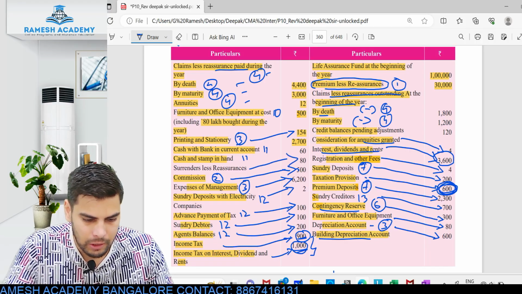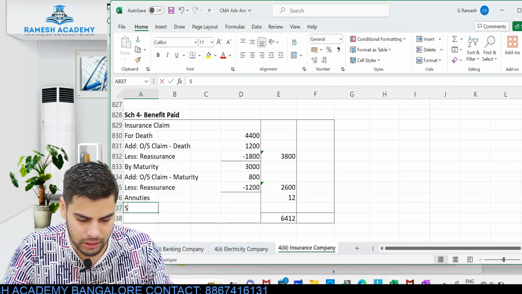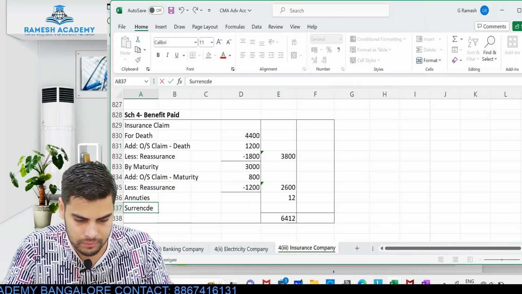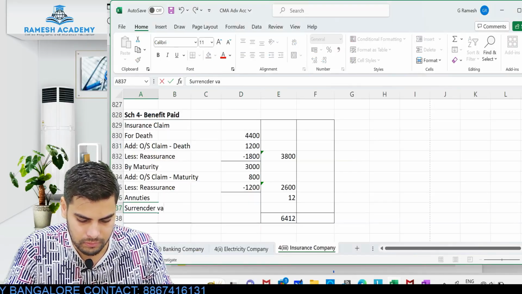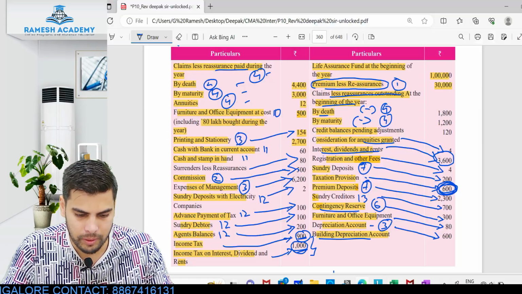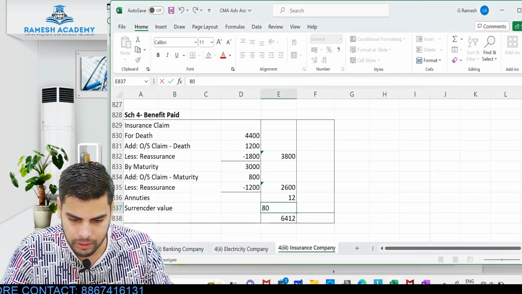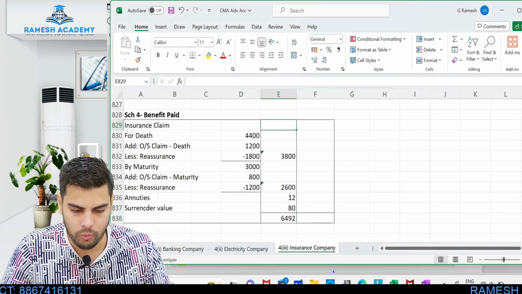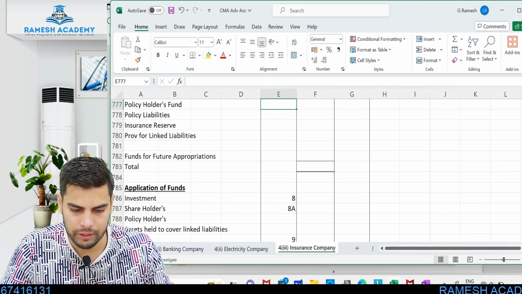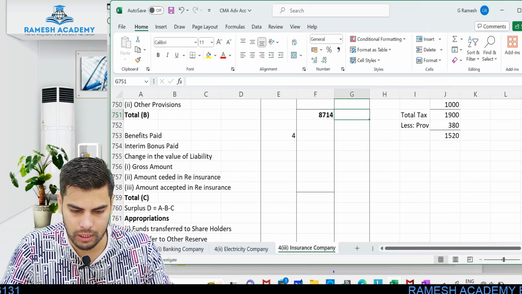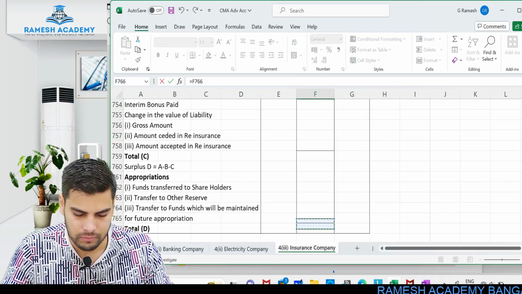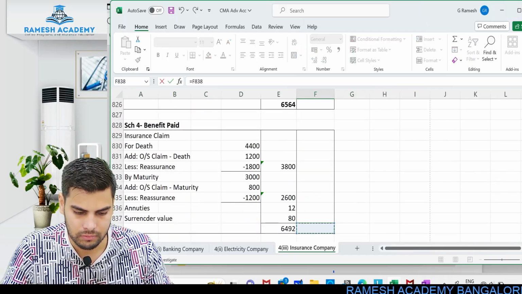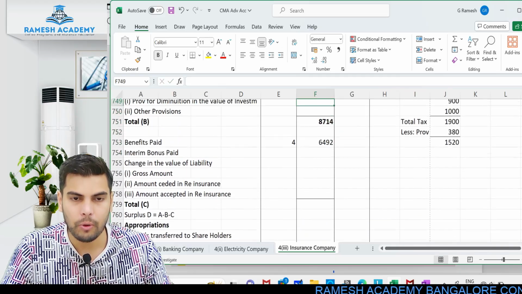Surrender value less reassurance. All these are the benefits which we'll be paying. Surrender value which we'll be paying would be 80 rupees. So 6492 is the total amount we need to pay. Here, benefits paid, 6492 is what I'll be writing. This is the amount we need to pay.